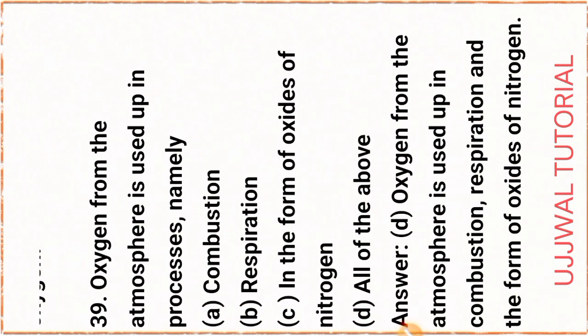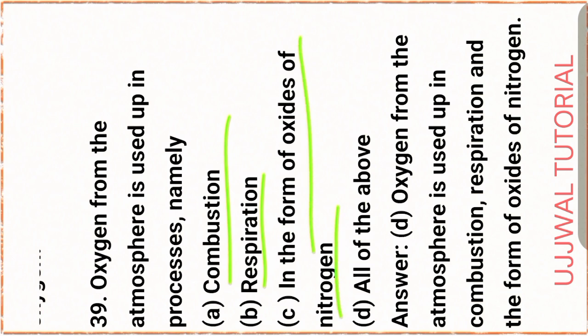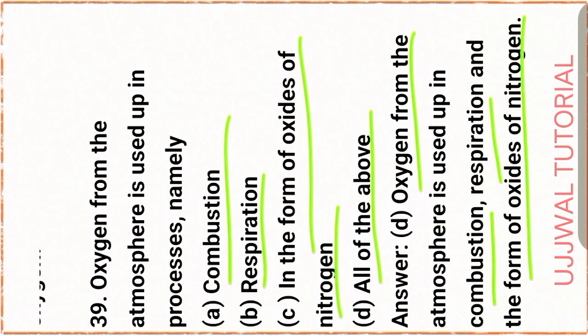Oxygen from the atmosphere is used up in processes, namely option D, all of the above: combustion, respiration, and in the form of oxides of nitrogen. Oxygen from the atmosphere is used up in combustion, respiration, and the formation of oxides of nitrogen.